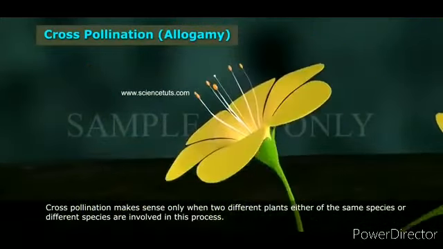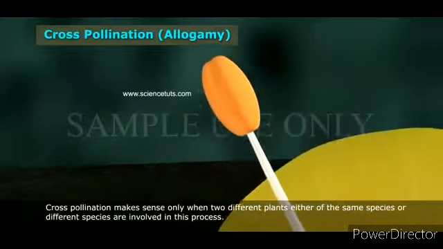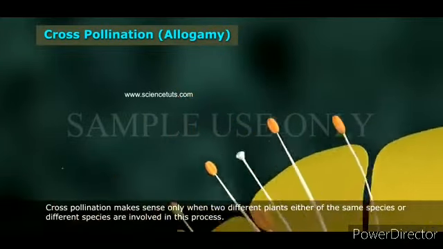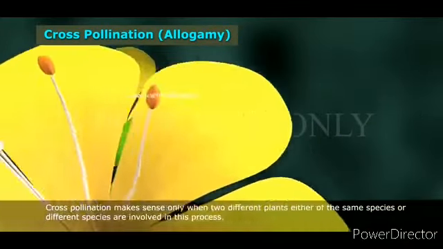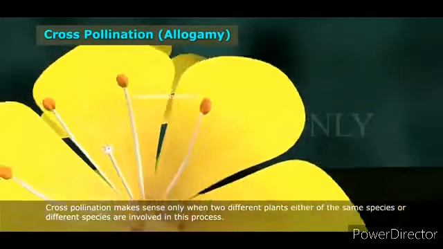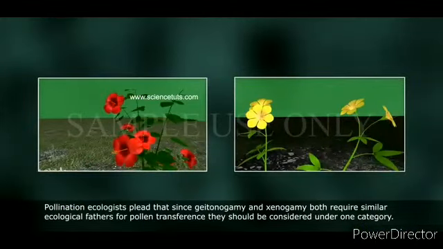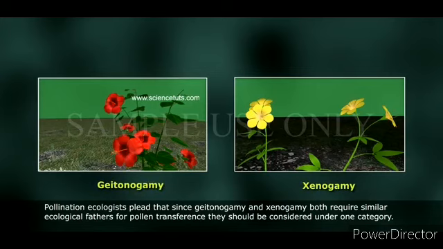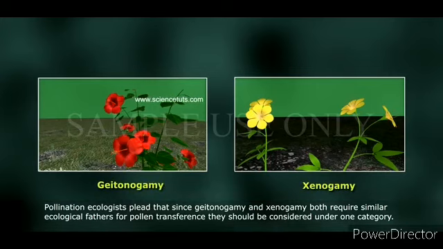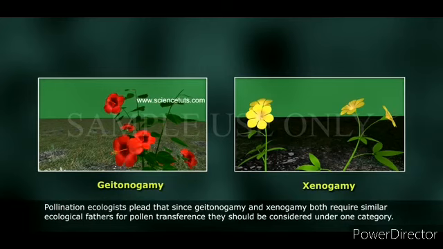Cross-pollination makes sense only when two different plants, either of the same species or different species, are involved in this process. Pollination ecologists plead that since geitonogamy and xenogamy both require similar ecological factors for pollen transference, they should be considered under one category.